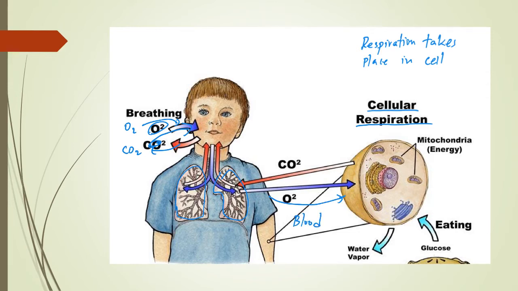That's why we have to mention the circulatory system, because it is responsible for carrying the oxygen into the cell. And at the end, in a place called the mitochondria, this is where the food and oxygen combine together and release energy.